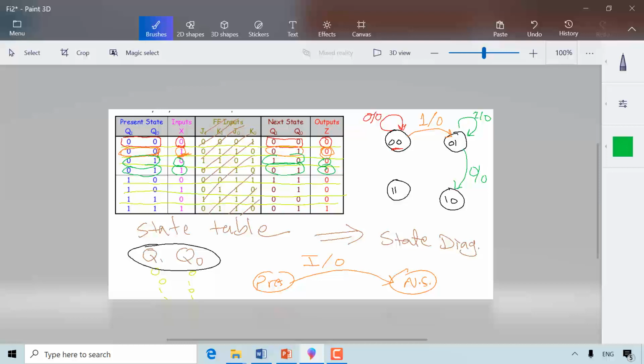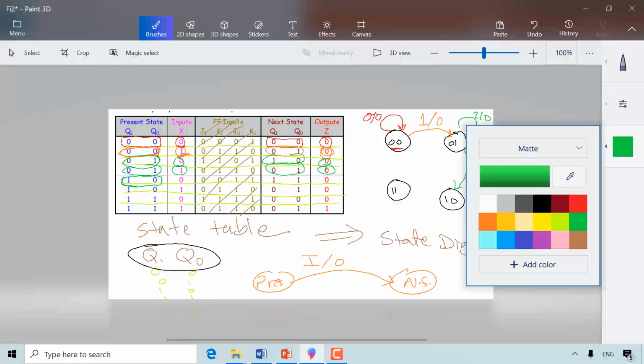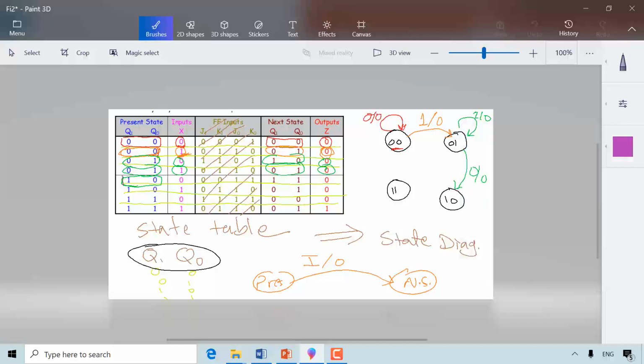Now when the state is 1, 0, which is right here, let's choose a different color. When the state is 1, 0 and the input is 0, we go to 1, 1. What's the output? 0.